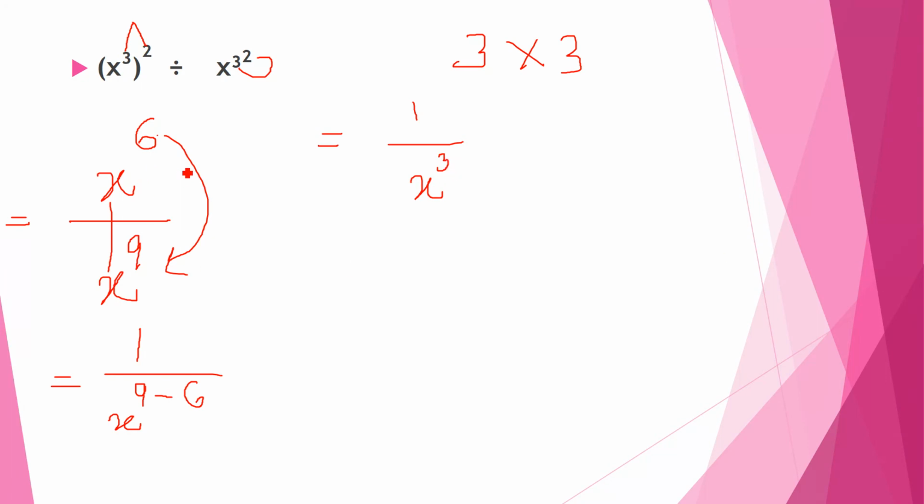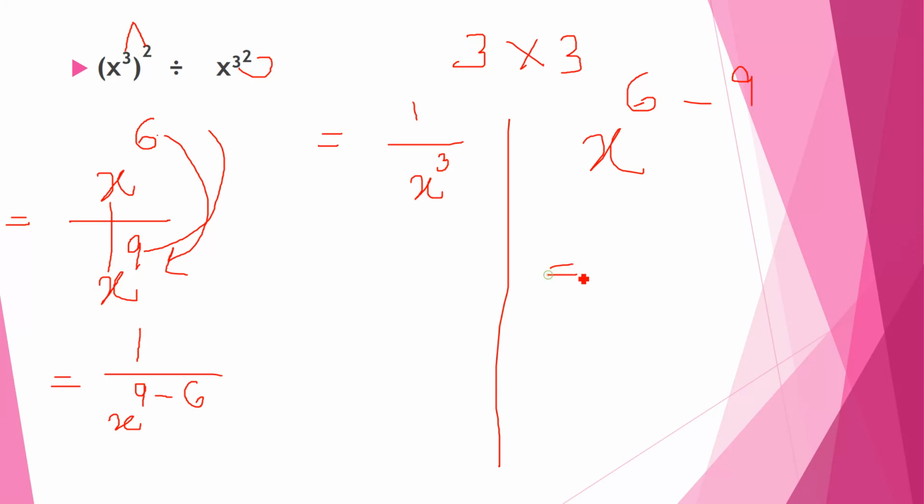So you can see, right, if you have a big power, bring the other portion to the numerator or denominator. Now I will show you what will happen if I take this 9 to the numerator, same thing, x^6. Now we are taking this exponent to the numerator, so it is positive 9, it will be negative 9.